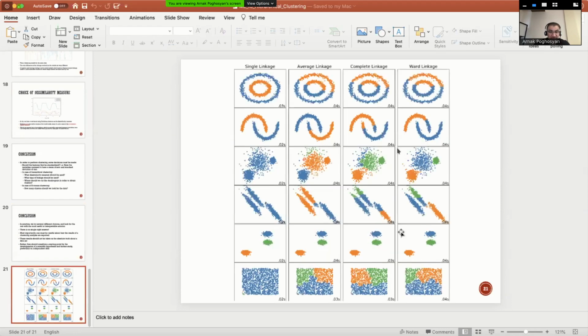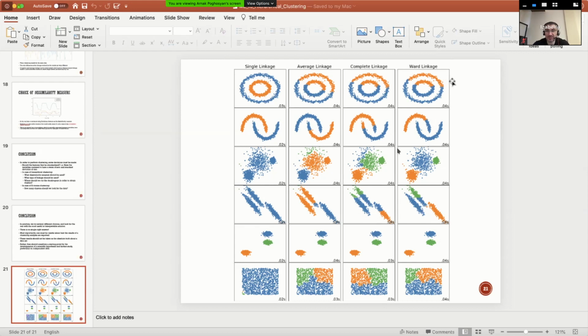And here is the final slide showing different data sets. You have this picture in the Python codes that I uploaded. You see we have six different data sets.